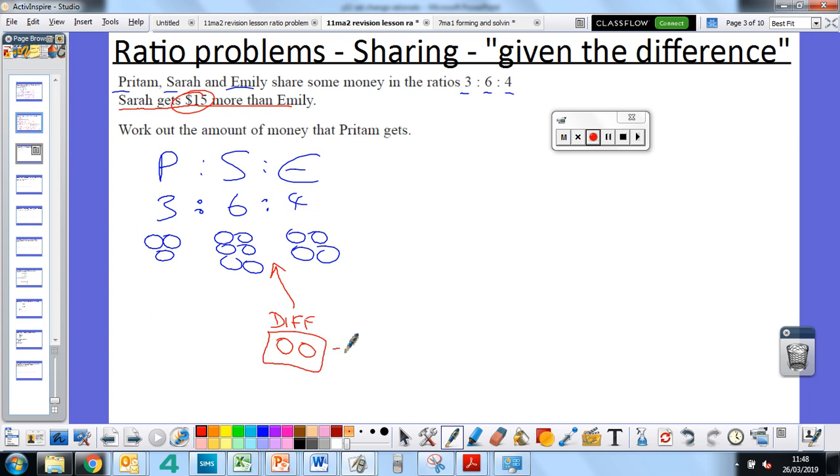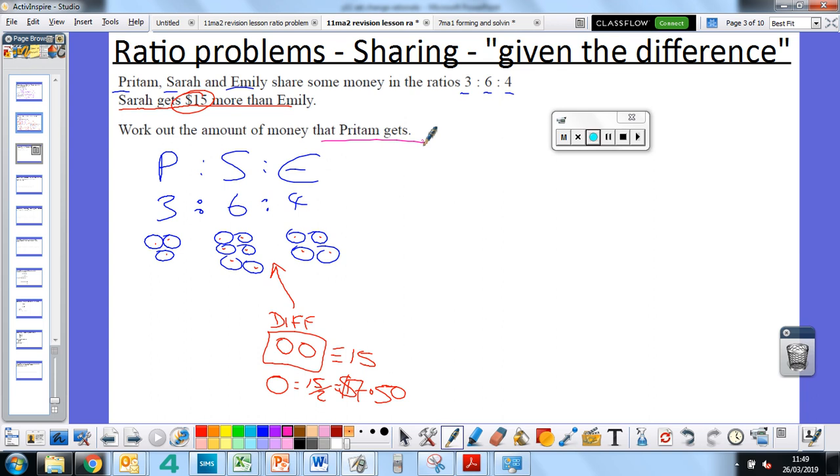That is equivalent to $15, which means one of these is equivalent to 15 divided by 2, which is $7.50. So every single one of these parts is $7.50. And it asks us how much money Pritam gets.